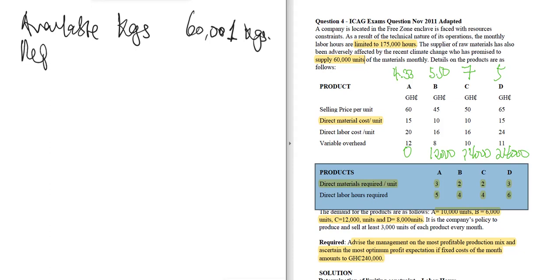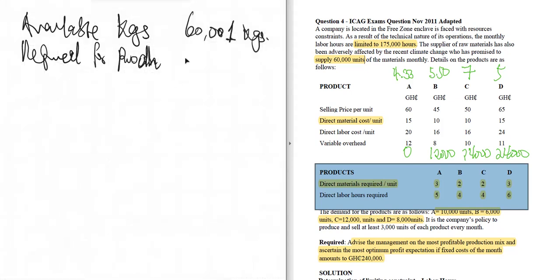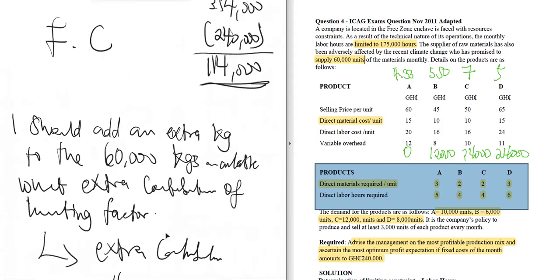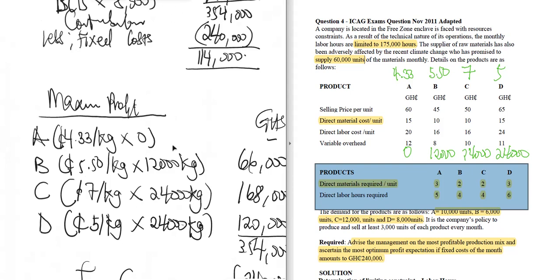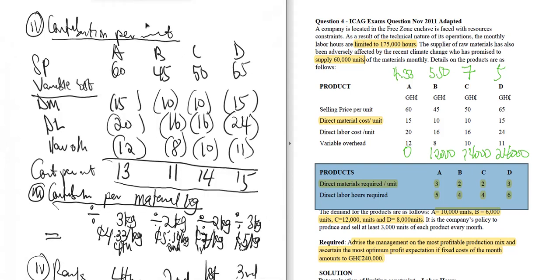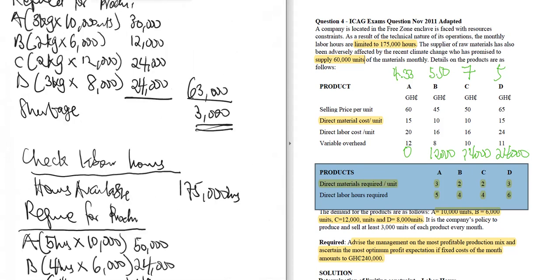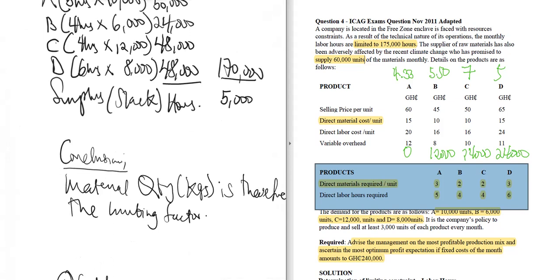And required for production, we know the requirement for production, we calculated it earlier. What did we get? I don't want to work it again. I just want to do an experiment for you to see. The requirement for production, where is it? We calculated it somewhere. Okay, 63,000. Okay.